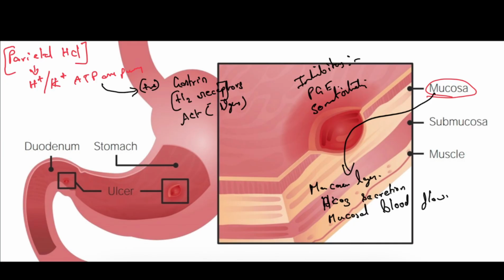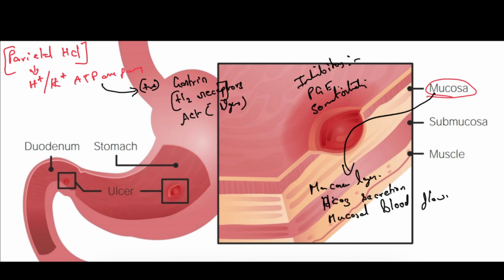So in the mucosa we have these types of protective layers. The HCl is acidic, so the bicarbonate is alkaline and will maintain neutrality. So mucus layer, bicarbonate secretion, mucosal blood flow and rapid epithelial regeneration are very important in physiology.